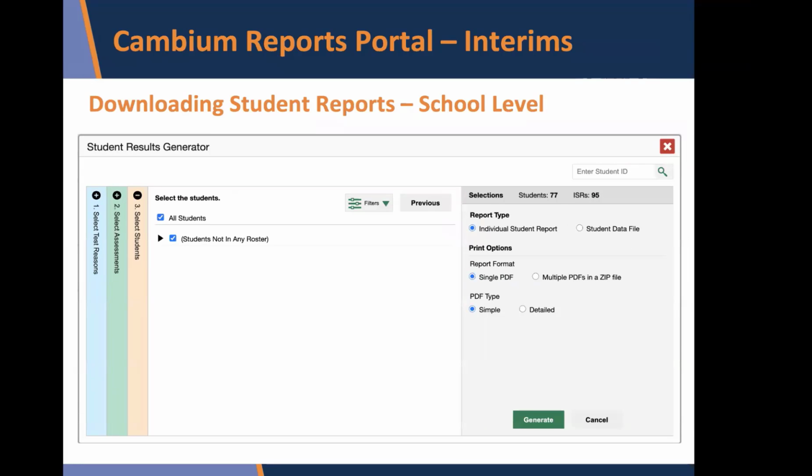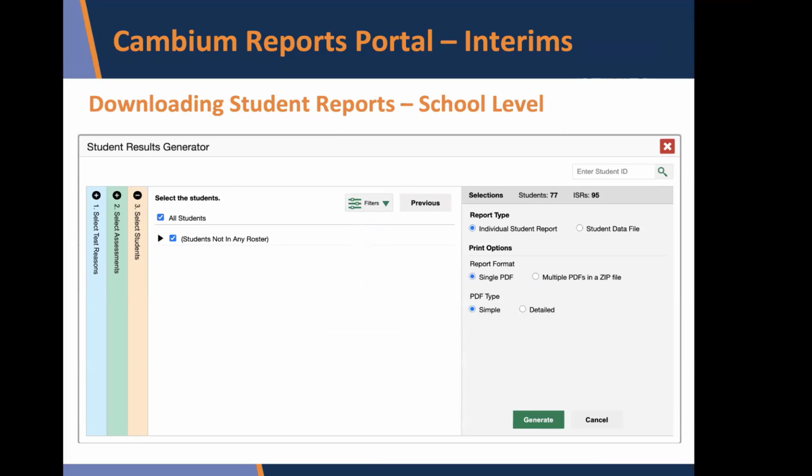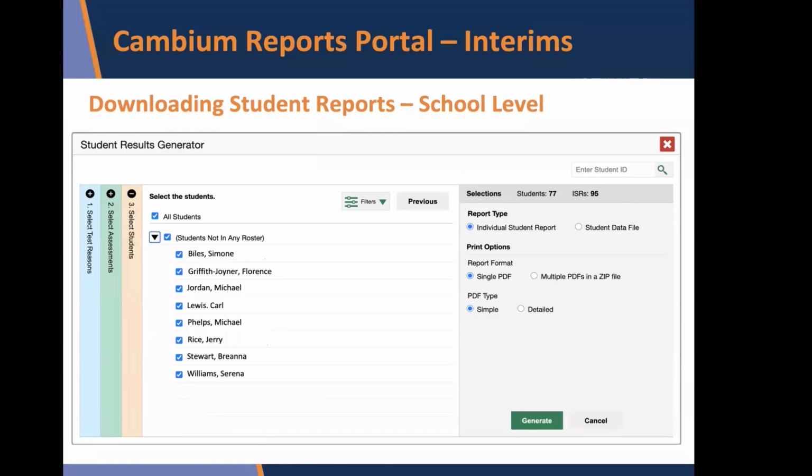Then it has where I select students. With this filter, you can select students who took the report in a specific date range. But if you just want to choose all students, you can use this. Here are my students. You'll probably see more than what I have here, but you're allowed to choose one student or all students.